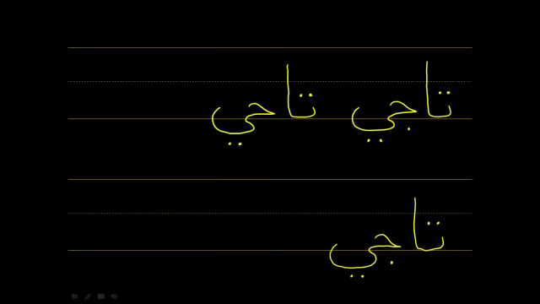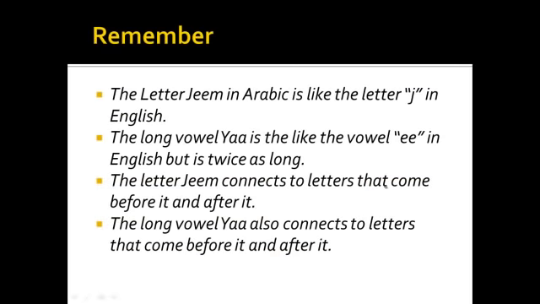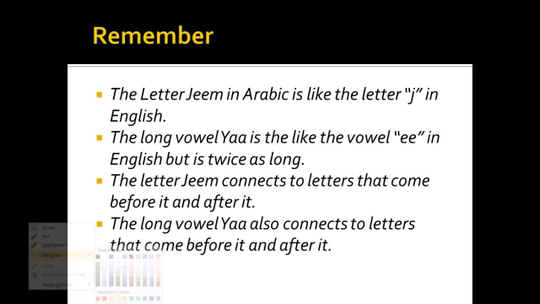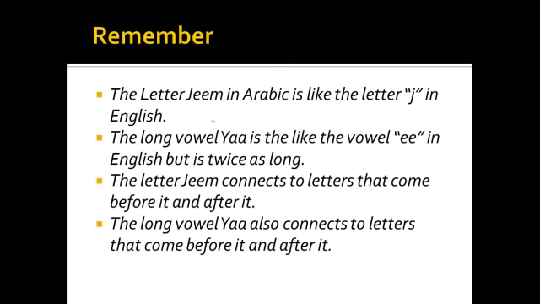And let's summarize what we've done so far. So the first thing that we learned here was the letter Jeem in Arabic is like the J in English. So that's pretty easy. We have here a close correspondence between English and Arabic on this letter. The long vowel ya is like the vowel double E in English, but twice as long.